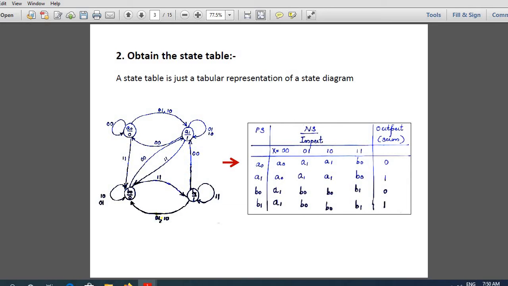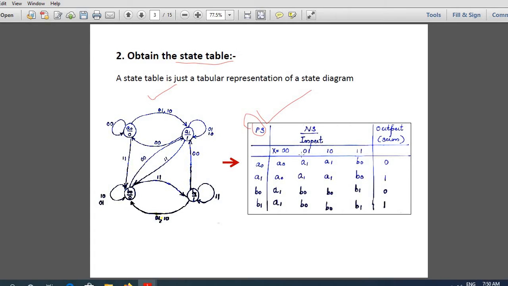Now what is the next step? The next step is obtaining the state table from the state diagram. So you write the present states first. How many present states are there? A0, A1, B0 and B1.